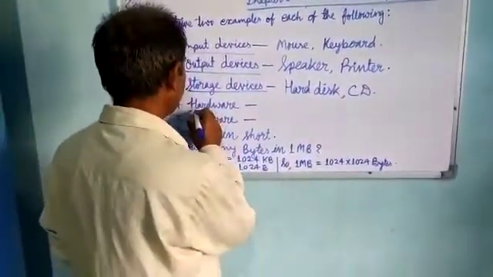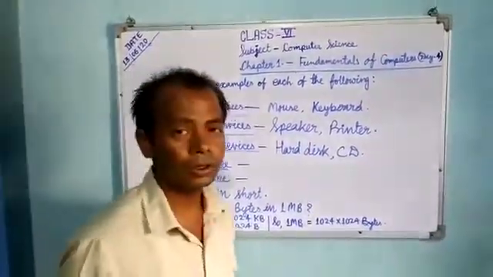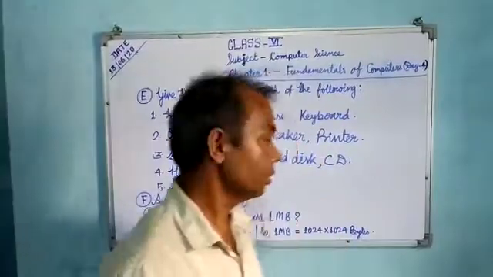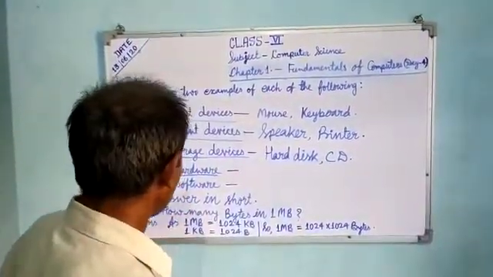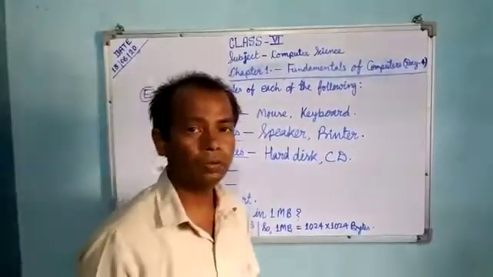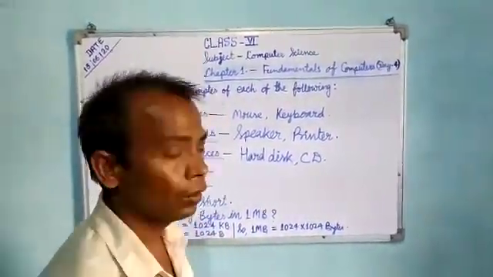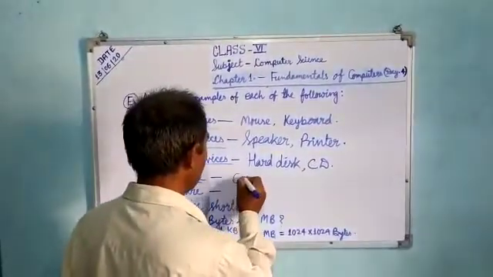Next one is hardware. Hardware is the physical part of the computer system, and we can see and touch these physical things. So you can say monitor, CPU, keyboard, mouse. All of these are the hardware of the computer. So you can write here CPU.